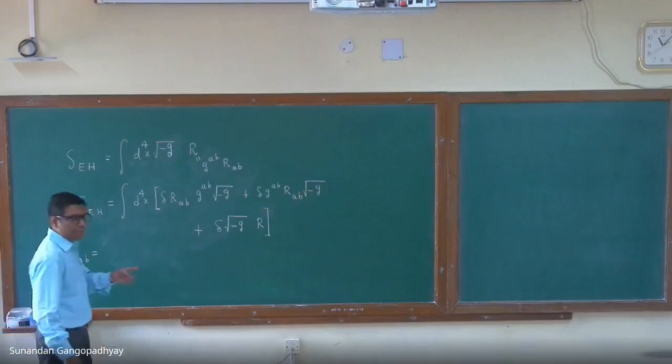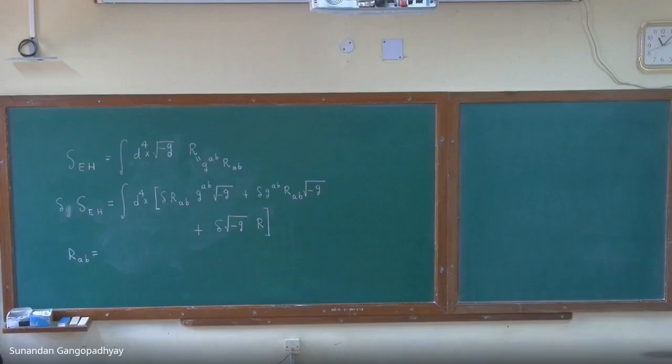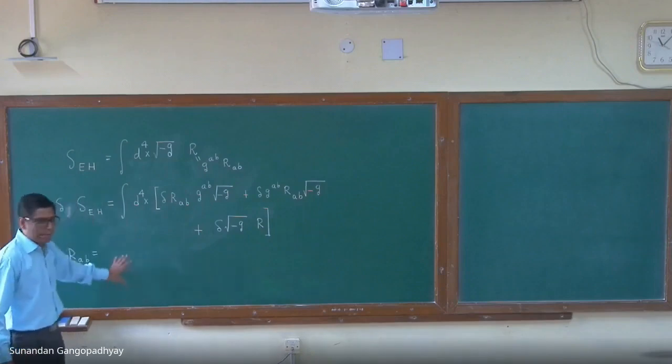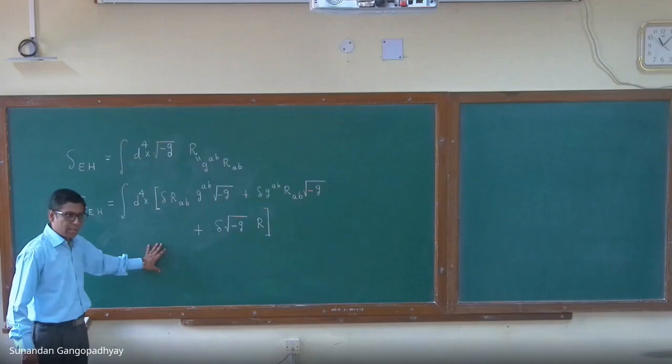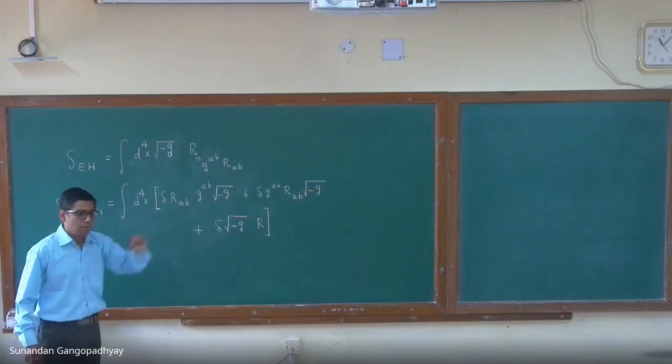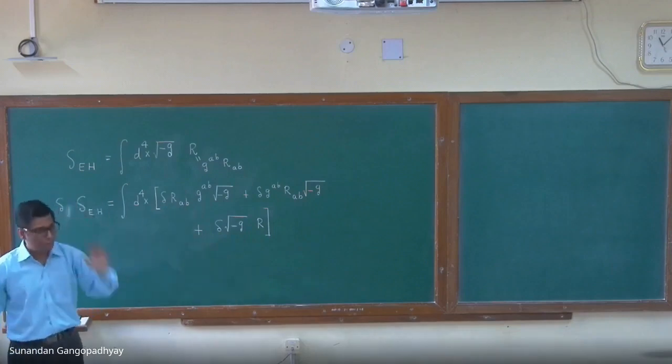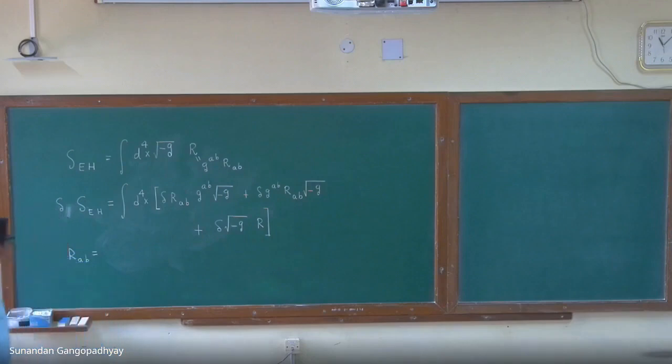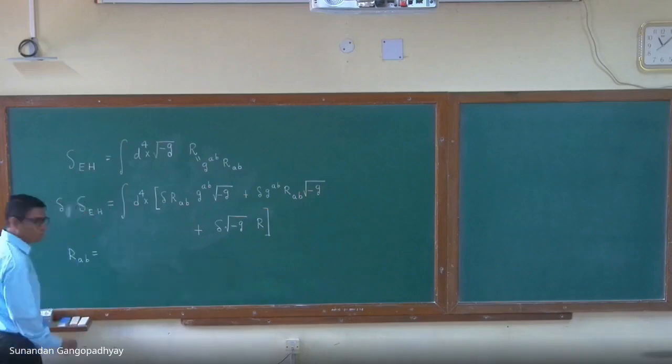It's not a tensor, but it has a symmetry: R_{AB} is symmetric. So you know that this has a particular structure: the derivative of one gamma minus derivative of another gamma, plus product of two gammas minus product of two gammas. This is the basic structure of R_{AB}. It's also the basic structure of the Riemann tensor. So you have the basic structure, but you don't need to write it.